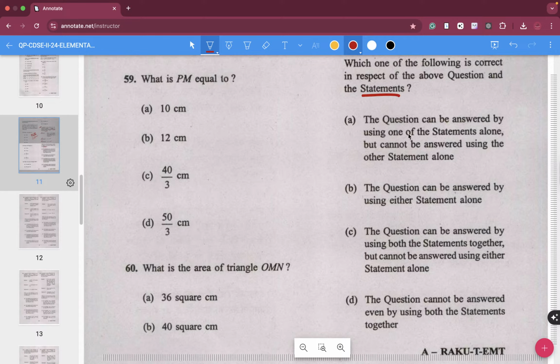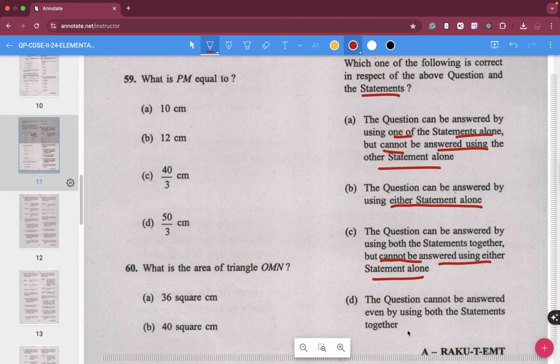Now it is also important for you to read the options. Option A: the question can be answered by using one of the statements alone but cannot be answered using the other statement alone. Option B: the question can be answered by using either of the statements alone, that means any one of these statements. Option C: the question can be answered by using both the statements together but cannot be answered using either statement alone.